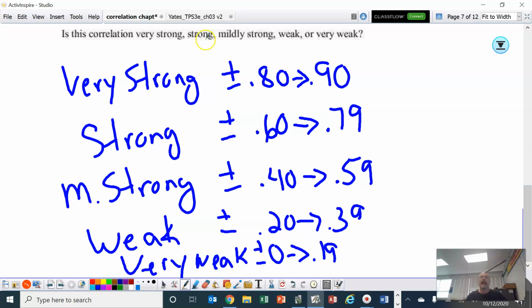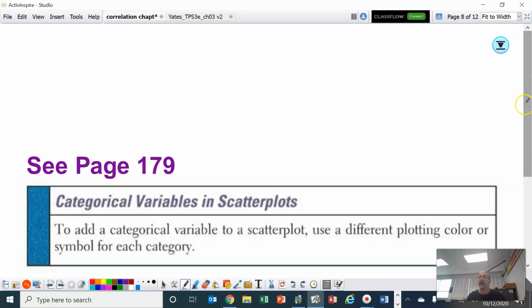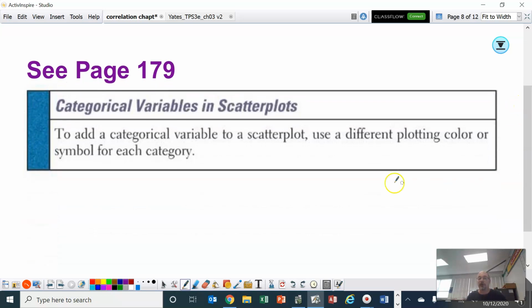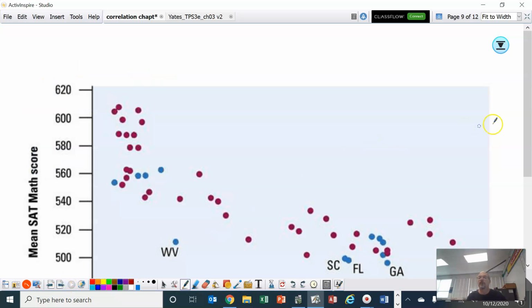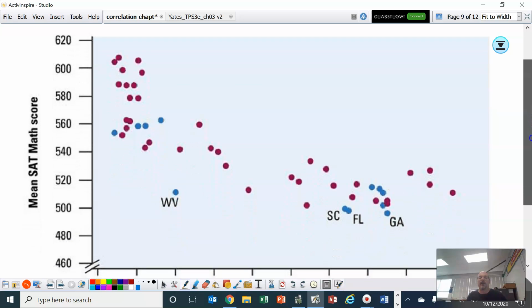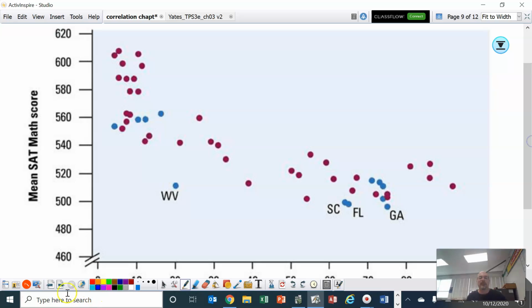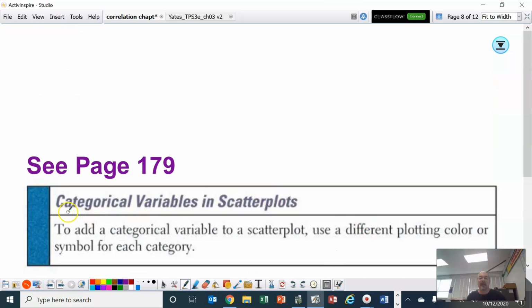All right, and one more thing that we need to look at, or a few things, sorry. Again, see page 179 in your book, Categorical Variables. Here's a scatter plot. Within the scatter plot, there is actually a categorical section to it.